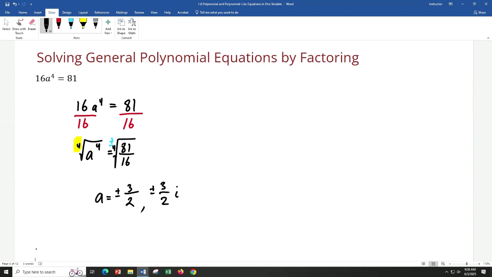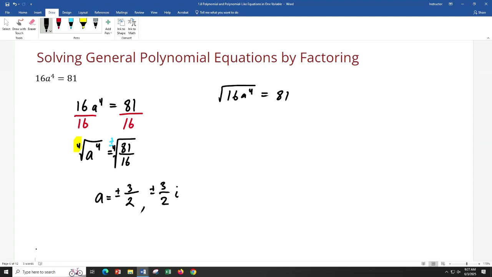Because if you just took the fourth root of 16 and of both sides, instead of dividing off the 16, you would have this. Look over here. If I take the fourth root of both sides, I've got 16 on one side and a to the fourth is equal to 81 on the other.